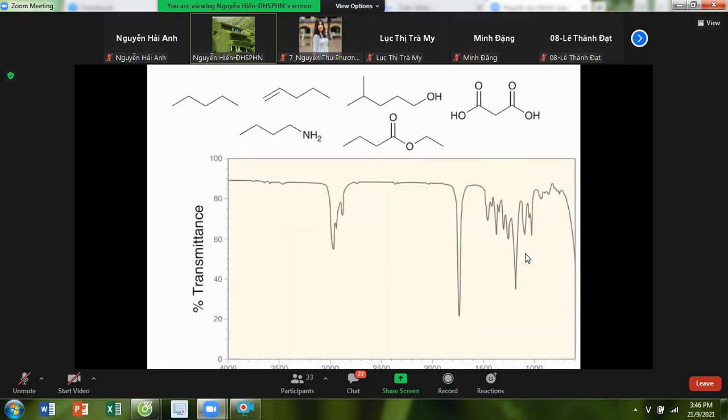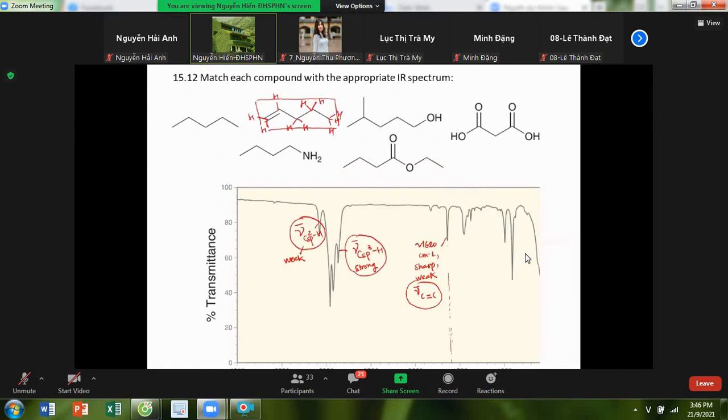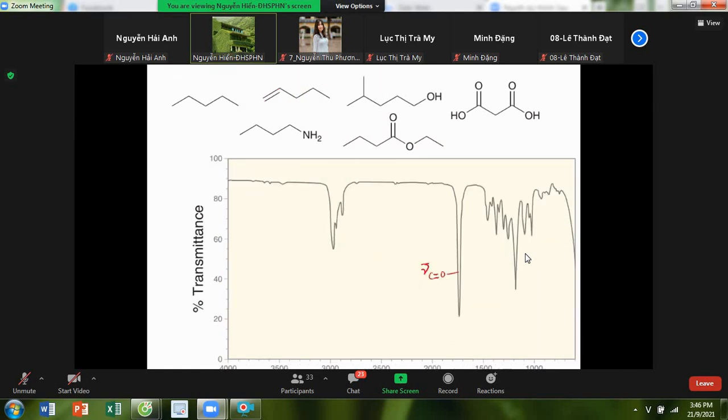Okay, this one. So this one should be a ketone, I guess. Yes, people very fast. Strong and it's strong. So carbonyl. What is that?